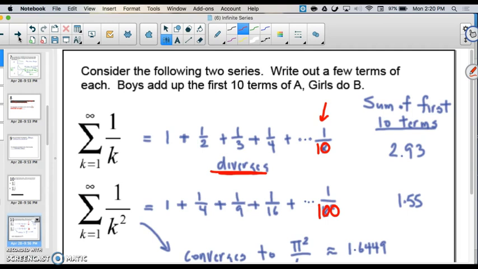This one is getting small quickly enough, so this one is going to converge. We can talk more details on that later, but basically sometimes it's going to diverge, sometimes it converges. What you're looking for is whether it converges quickly enough. So is it getting close to 0 fast enough as all these fractions?